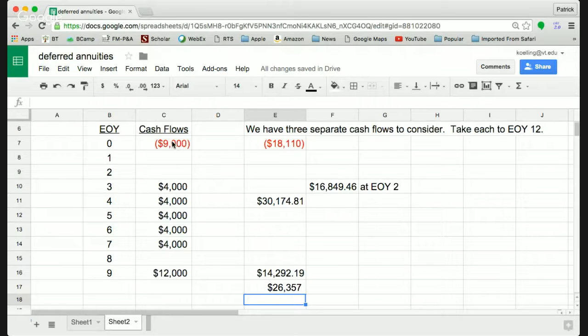If we look at this set of cash flows, the economically equivalent amount at the end of year 12 is $26,357. So 3 steps there for each one, and then add them up to find the actual economically equivalent amount at the end of year 12.